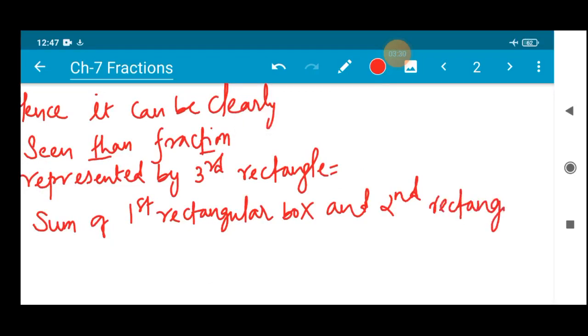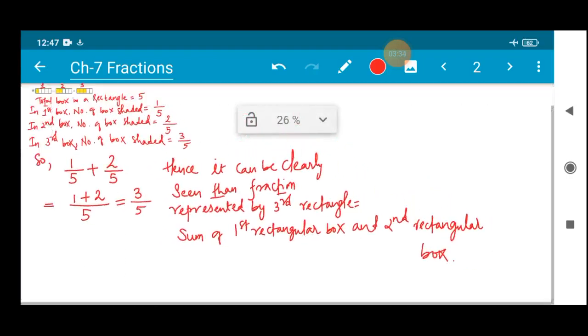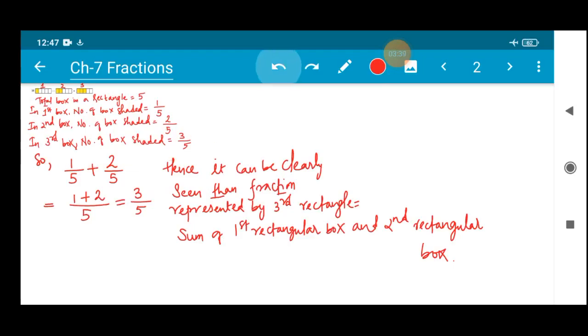It is a sum of the first and second rectangular boxes, that is the third rectangular box. Okay, so it is clearly seen over here.